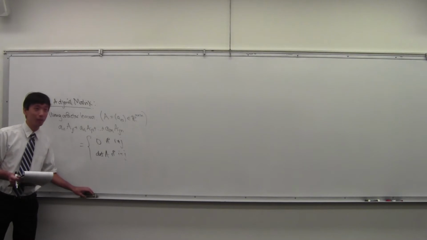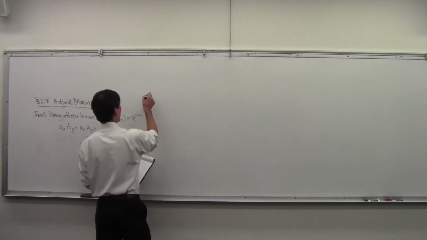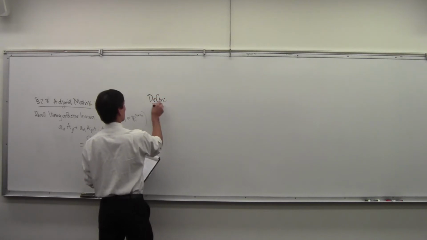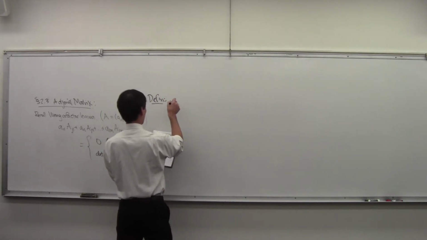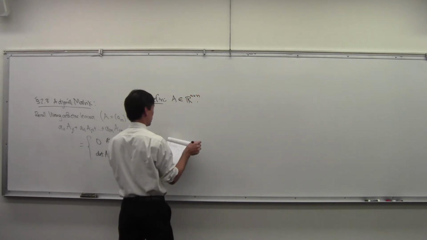Okay. So we're going to write that in a different way using something called the adjoint matrix. Again, we have this n by n matrix.